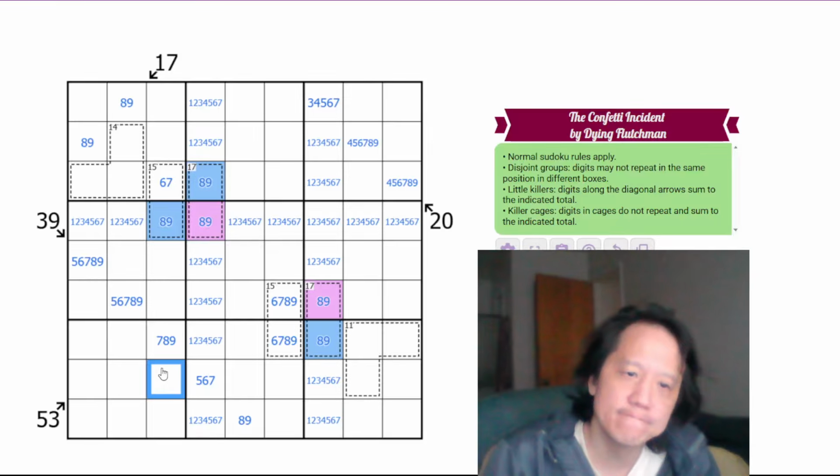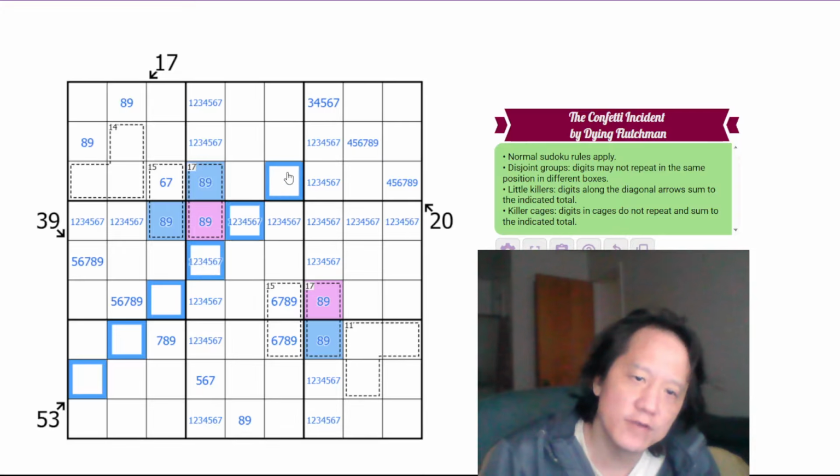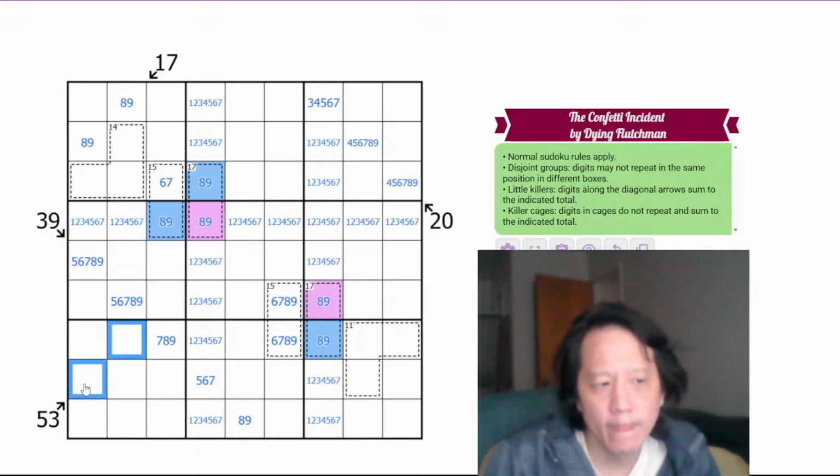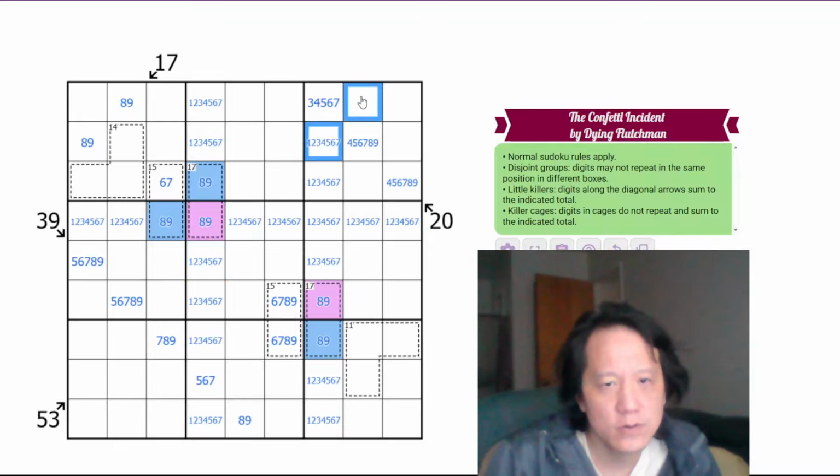Okay. How many degrees of freedom do we have here? That's interesting. This is at most 6 and 7 here. So 6 and 7 here. This could technically be 7 and 9. Can it, though?